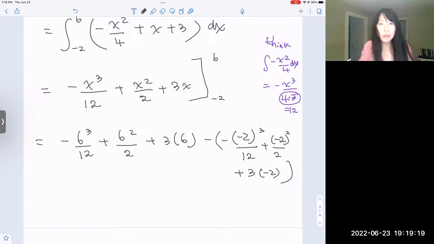Just 18 minus negative 18? I got that too. Good job. What about the second term? Plus 18.